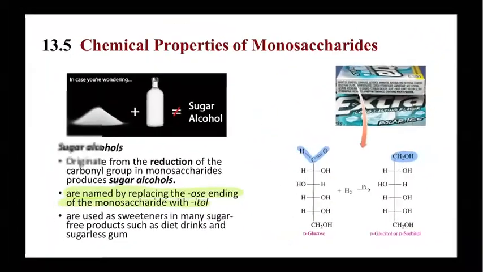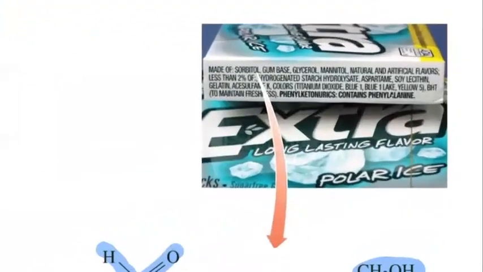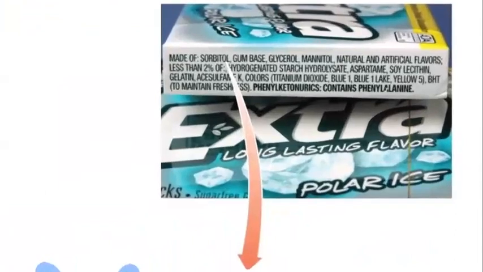If we look at this sugar-free gum, okay, you can see sorbitol here, which is another word for glucitol, but we also see another sugar alcohol. Let me point it out. Here we have mannitol. So my sugar alcohol is mannitol.